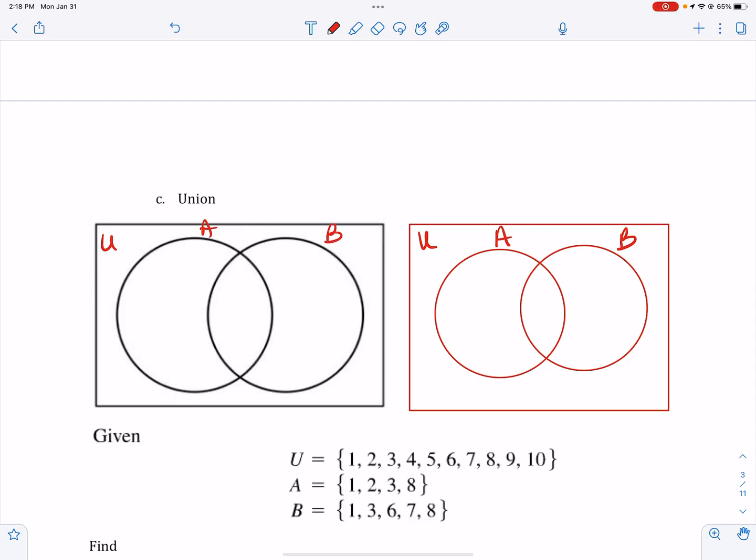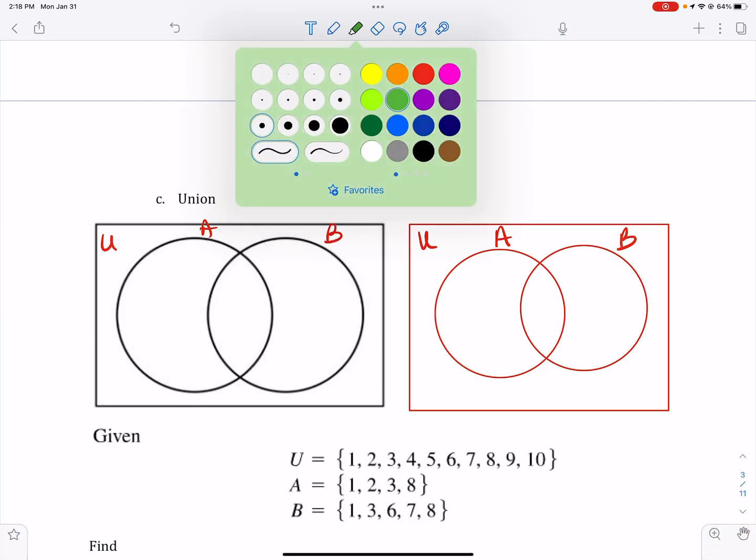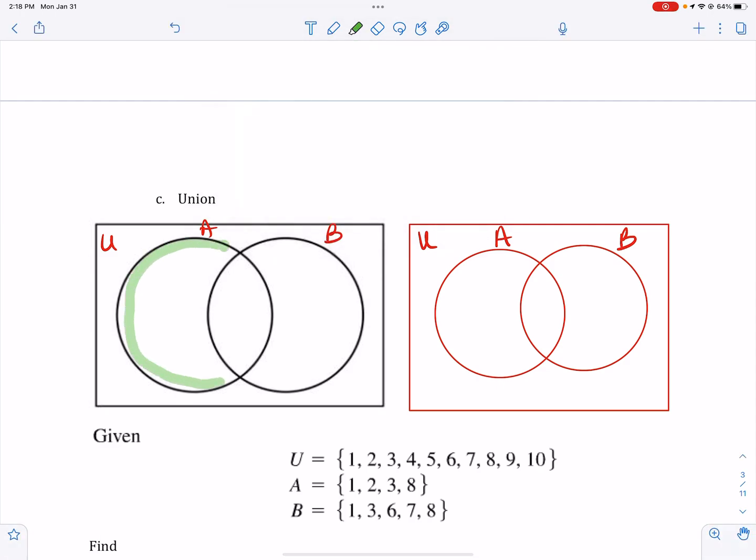A, B. And if I shade this, it says everything in A, so I color that. It says everything in B, so I color that. Or it could be everything in both. So basically the union is reading everything that are inside those circles, okay?